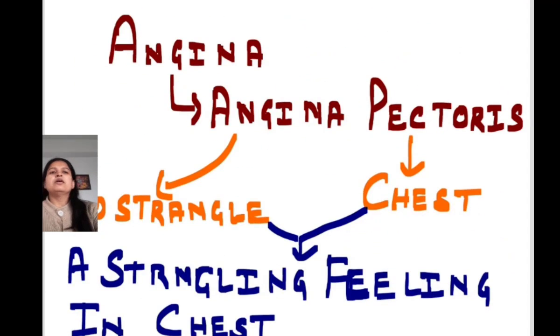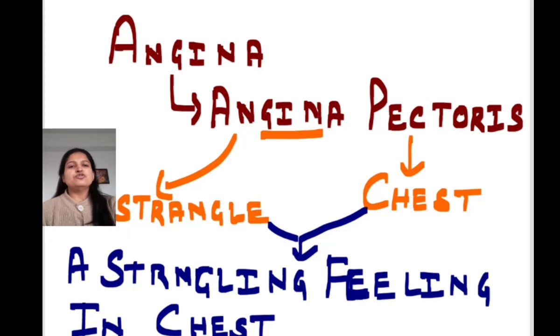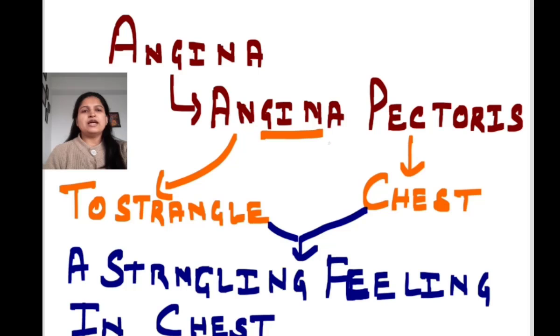Now we are going to discuss the second heart disorder which is very common in the general public, that is angina, and angina is also known as angina pectoris. If we go by the word meaning, angina means to strangle, something which has been pressed so hard, and pectoris is chest.